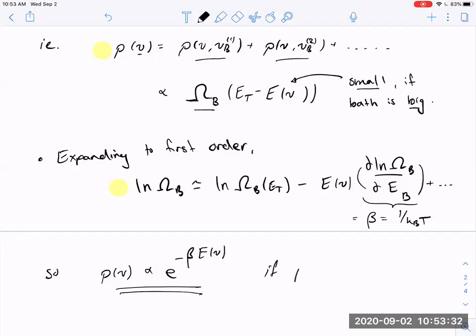And provided beta is greater than 0, we find that there is an apparent bias towards lower energy states. The probability of observing a state is exponentially suppressed in its energy.